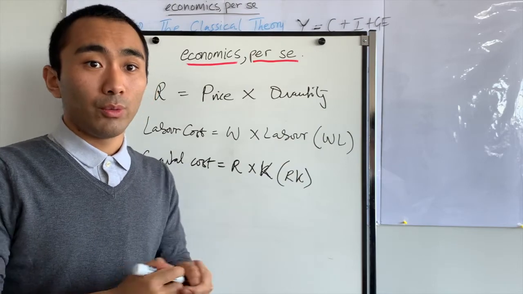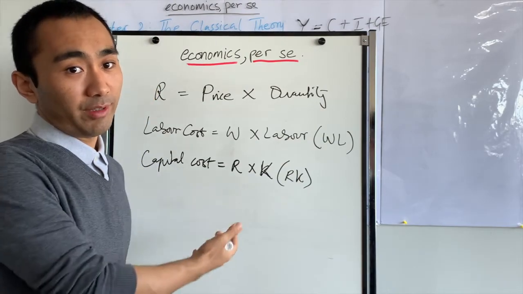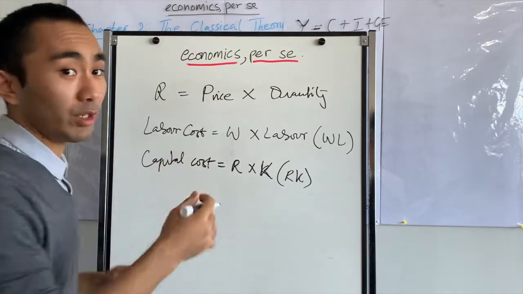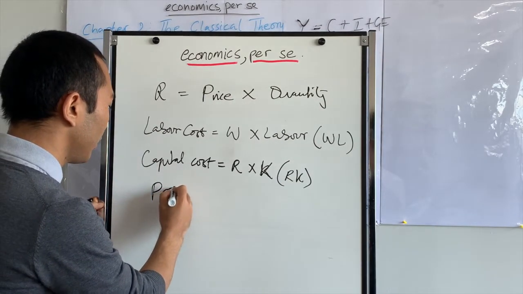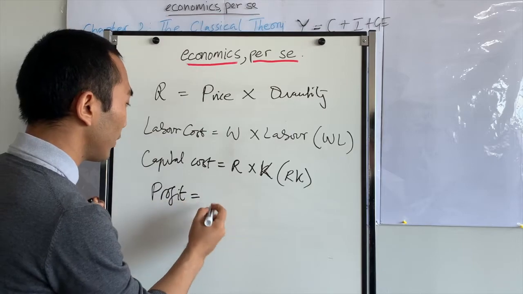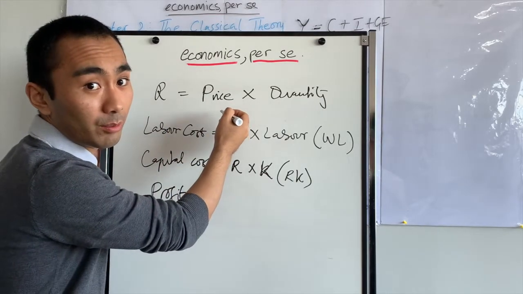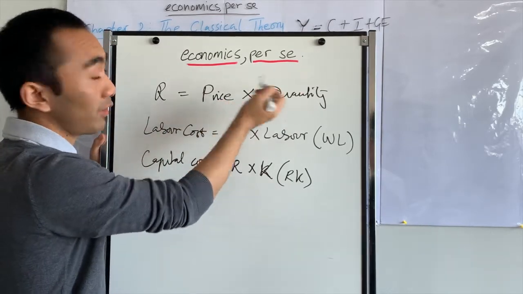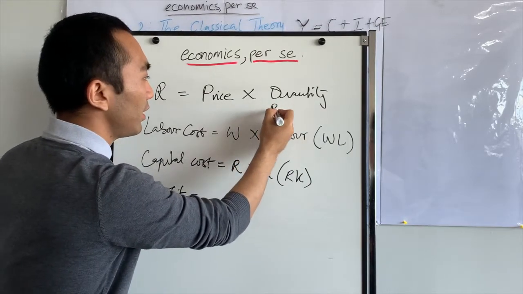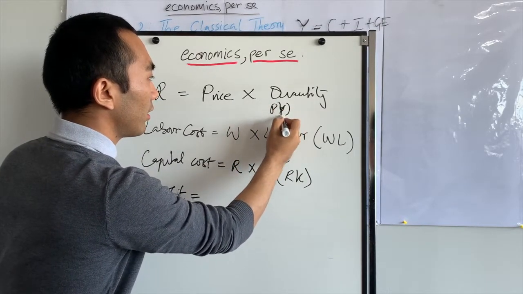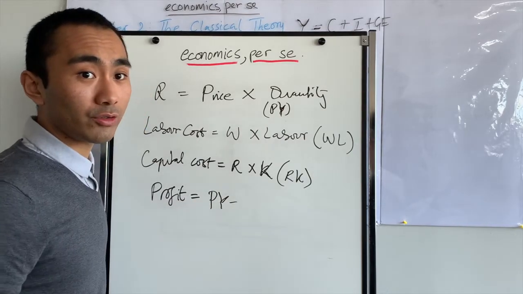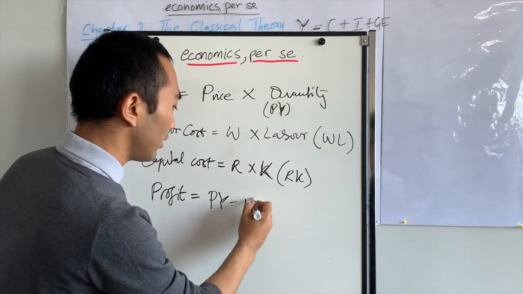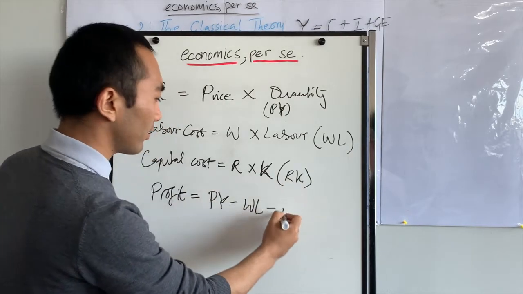So we can write profit from this. Profit is going to be equal to revenue minus costs. So that means profit is equal to revenue, which is price times quantity, we'll call this PY, minus the costs, which is WL, minus the other cost, which is RK.